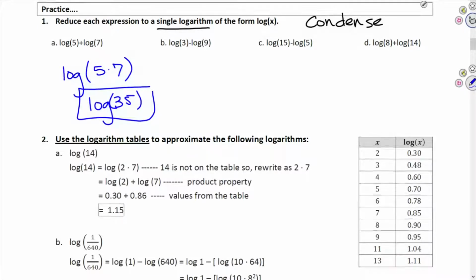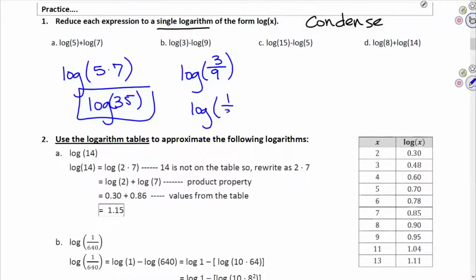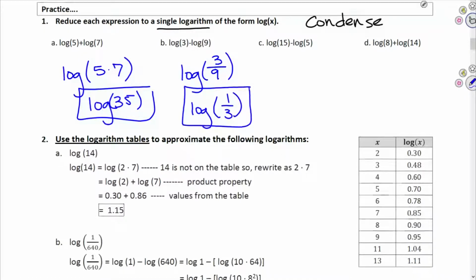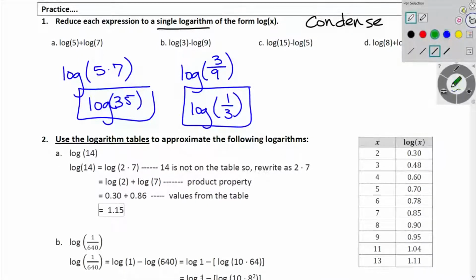Letter B, the log of 3 minus the log of 9, I'll write as a single logarithm. This is log base 10, and if it's positive, it goes in the numerator, negative in the denominator. Now I'm going to simplify this just because I really want to. 3/9 is the same as 1/3. I don't know if you have to do that in this problem, but if you can simplify, you should simplify.